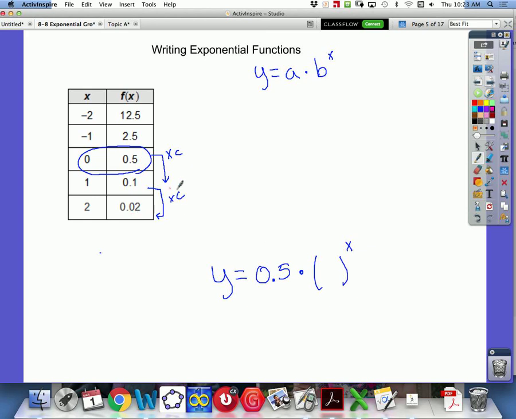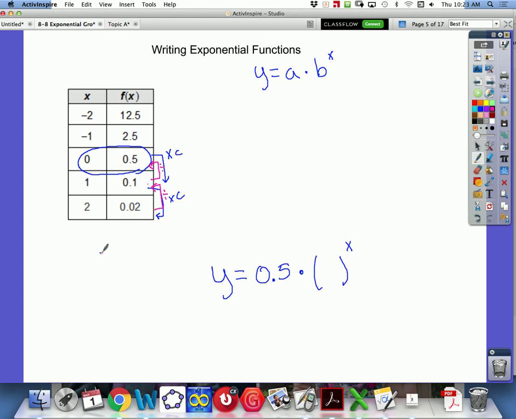Since we don't know what this constant is, we have to do everything in reverse. Instead of multiplying this by the constant to get the 0.02, now we're going to go backwards and we're actually going to divide the second number by the first one. So everything has to go in reverse.